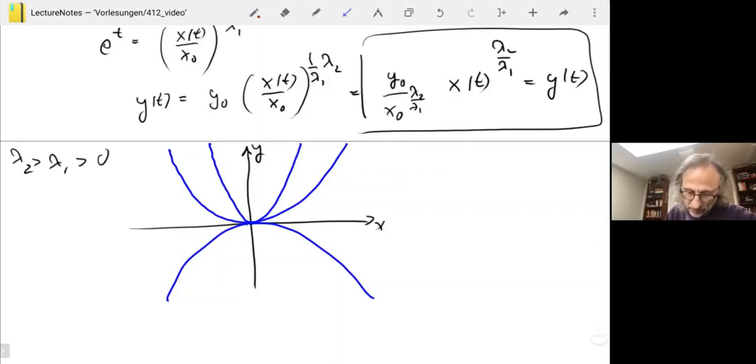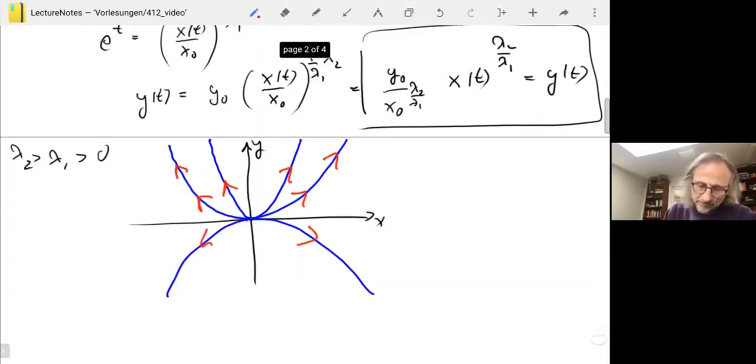But the flow, of course, doesn't go like that, because this here is a fixed point. You're not going to go through that fixed point. Instead, since lambda 2 and lambda 1 are positive, x and y are both growing. And so the flow would be like this. And if x had been negative, the flow would be going to the left with y growing. So the point is we have a flow like that.